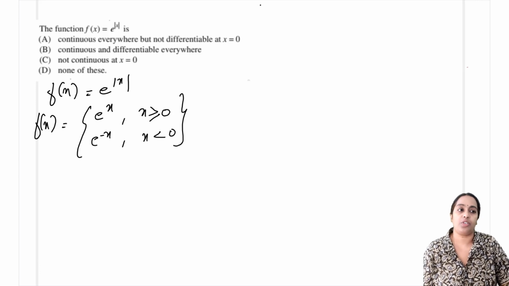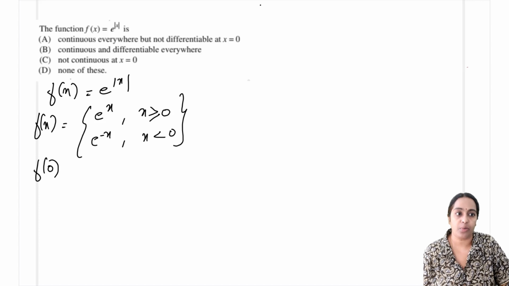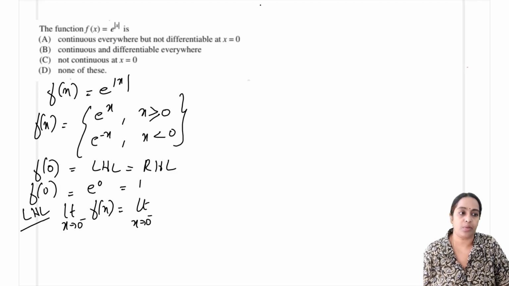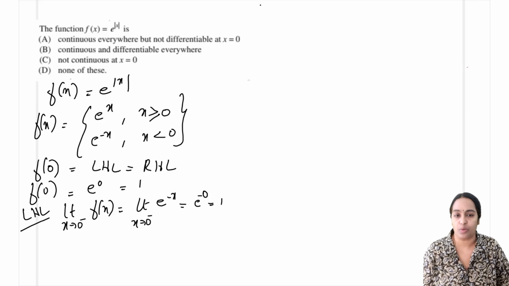So to check for the continuity, you need to check for f of 0, which should be equal to left hand limit, which should also be equal to the right hand limit. What is my f of 0? F of 0 is e power 0, which is 1. Left hand limit: limit x tending to 0 minus f of x. The function is e power minus x, which is going to be e power minus 0, which is 1 again.